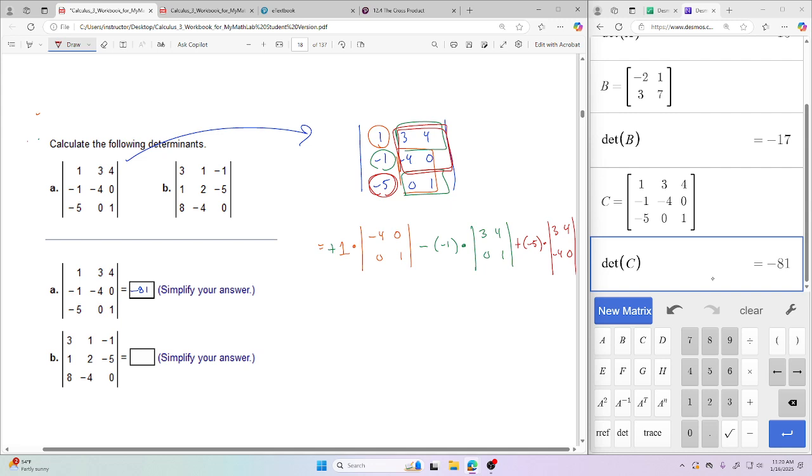One of the things that I know you might be thinking is, why is it positive, negative, positive? A matrix that looks like this, and we don't look at it, but what I was using were these guys right here. Therefore, it's going to be a plus, a minus, and then a plus for our particular case.